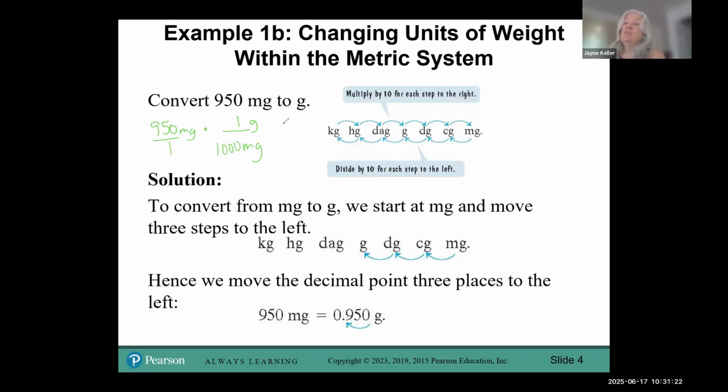So 950, let's first cancel our milligrams, 950 times 1 over 1,000 grams. And 950 over 1,000 is exactly 0.950 grams. So whichever way makes more sense to you is the way to do that.